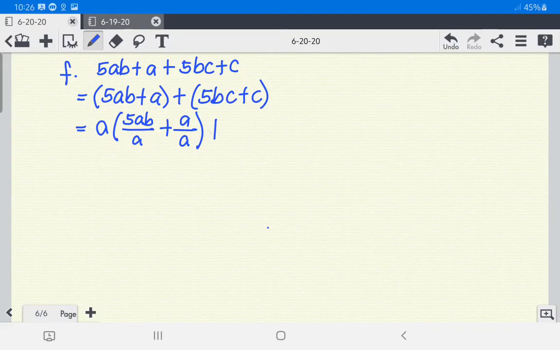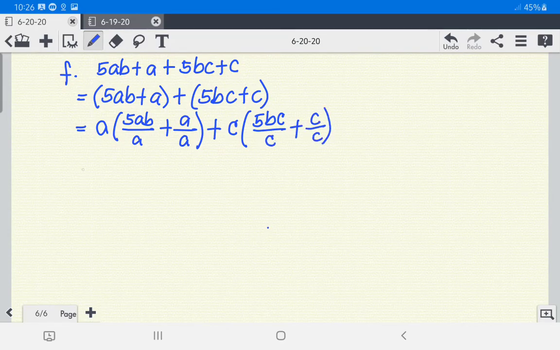Then plus c, the common monomial factor here, and to get the other factor, we divide by c: 5bc divided by c, then plus c divided by c.